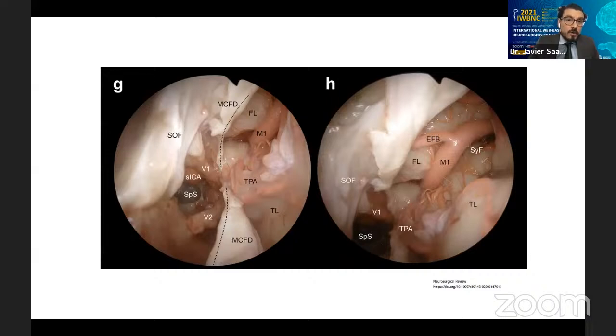And you can open the dura and get access to the intracranial compartment. Then you can see the frontal lobe, the temporal lobe, and the MCA, and you can keep dissecting the sylvian fissure for a better exposure of your brain vessels.